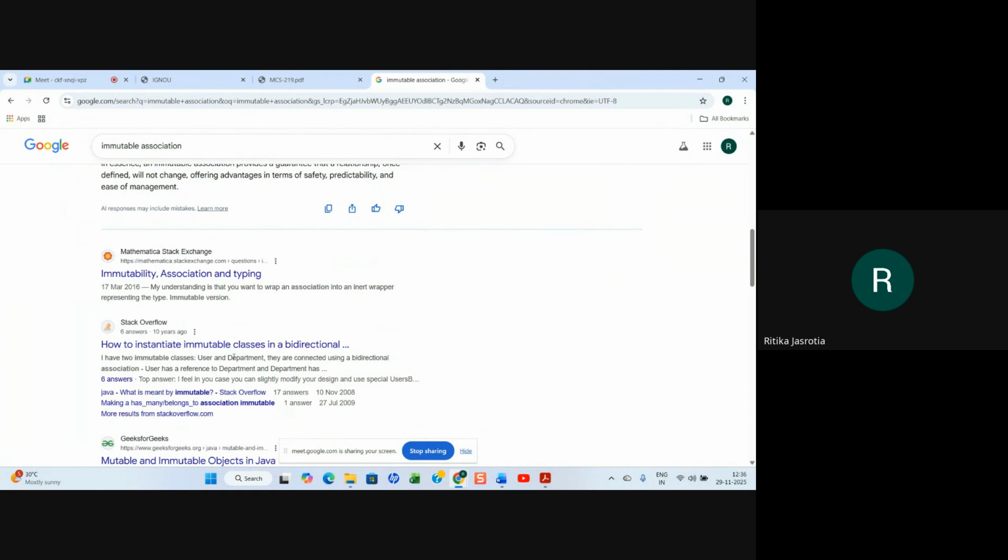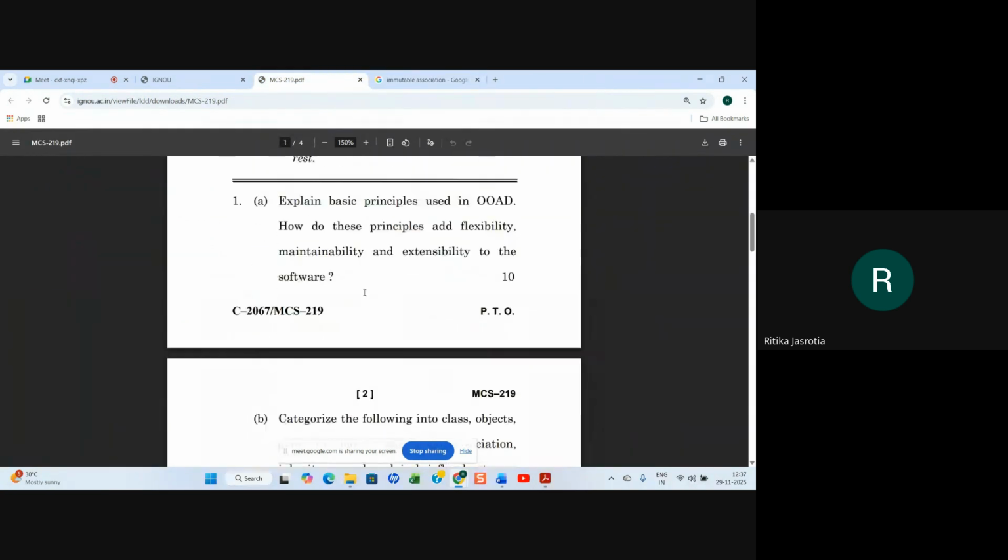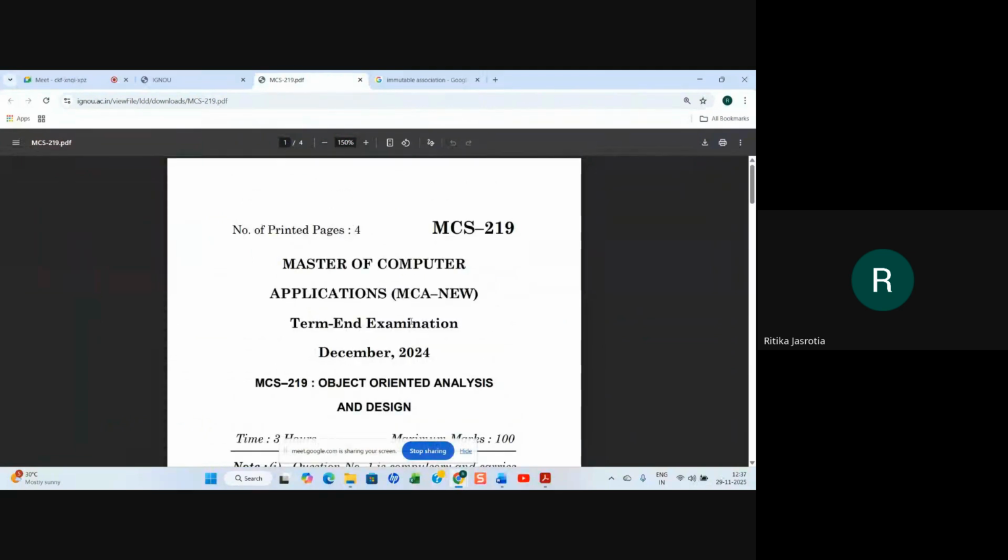Like user and department, you can't change the association between them. That kind of thing they are talking about. So this is what the second question paper of December 2024 is.